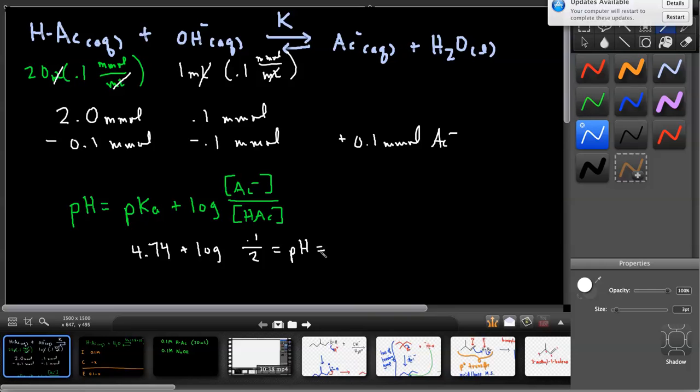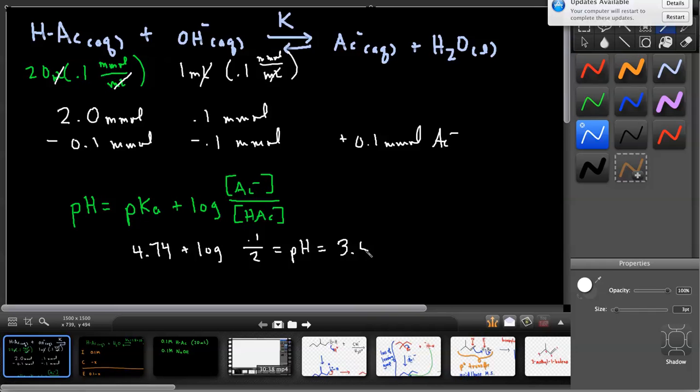And when we do this, we find that the pH at this point is 3.44. Again, rounding this to 2 places after the decimal.